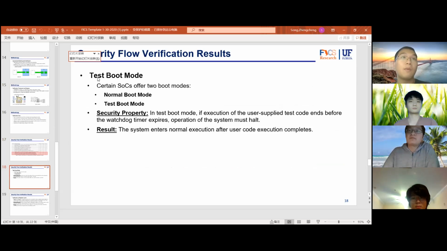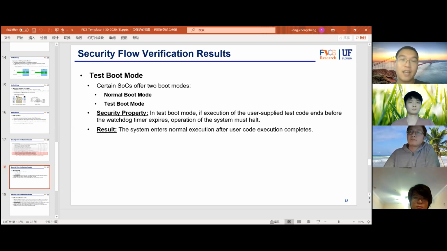First, I'm going to talk about the security flow verification results of test boot mode. As we all know, certain SoCs offer two boot modes, normal boot mode and test boot mode. In test boot mode, an authorized user can get full control of the system and run test code to boot the system.